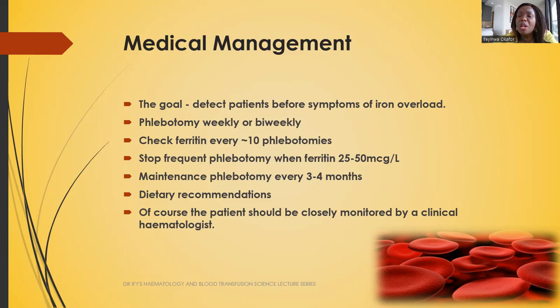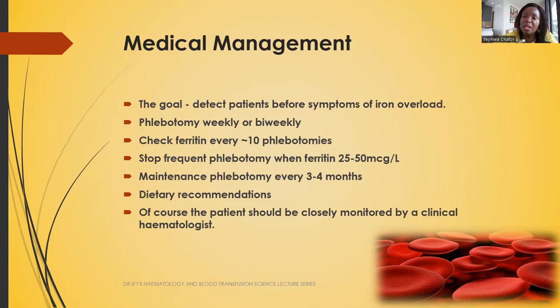Weekly or biweekly phlebotomy is offered to the patient, along with frequent checking of ferritin level. Phlebotomy is stopped when the ferritin level is between 25 to 50 micrograms per liter. Weekly phlebotomy may be stopped, and maintenance phlebotomy will be introduced.